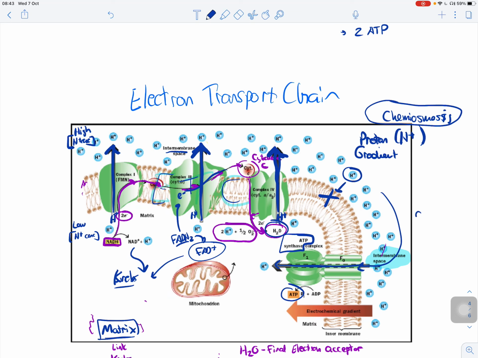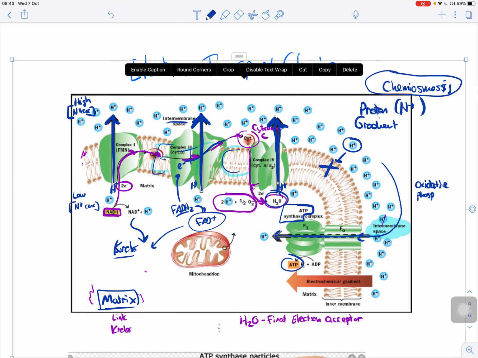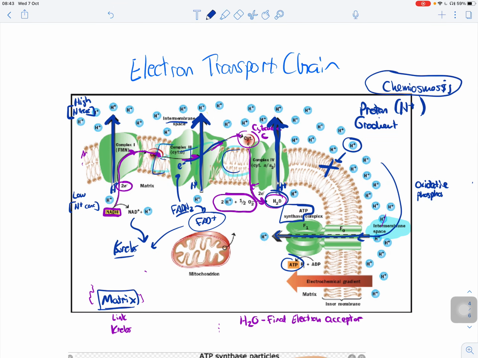This is the idea of oxidative phosphorylation. Oops, sorry about that. Phosphorylation. Okay? In the sense that the electrons provided the energy and the oxygen is the acceptor. That's the oxidative part. Phosphorylation here is you're adding an inorganic phosphate to ADP to make ATP.